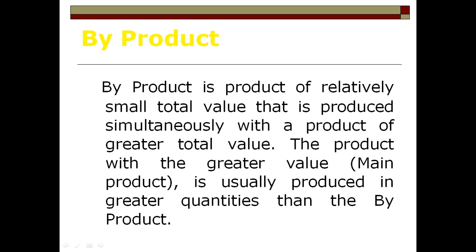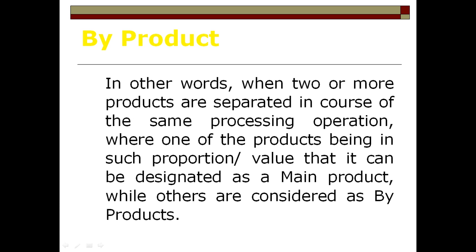Next is a byproduct. It is basically a product of relatively small total value that is produced simultaneously with a product of greater total value. The product with the greater value is usually produced in greater quantities than the byproduct.